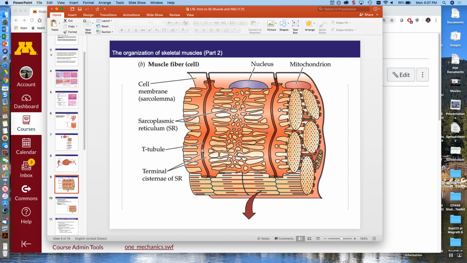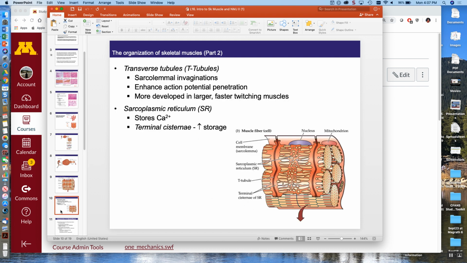They sense those action potentials that are traveling down the T-tubules, and they're mechanically coupled to those ryanodine receptors. So they open up the ryanodine receptors, allowing calcium to flood into the sarcoplasm, into the intracellular space. Okay, don't want to get too ahead of the story.